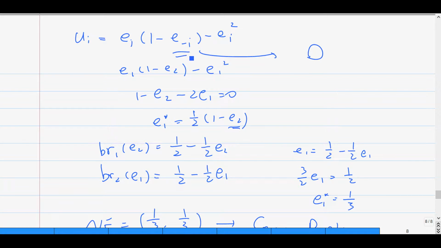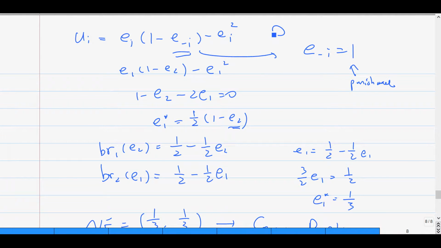If I choose anything that's less than 1, then this will be positive, and the other guy will have an incentive to choose something positive. I don't want that. So intuitively I want to make this 1. So e minus i being 1 is the punishment strategy, because in this way the other guy can get 0.